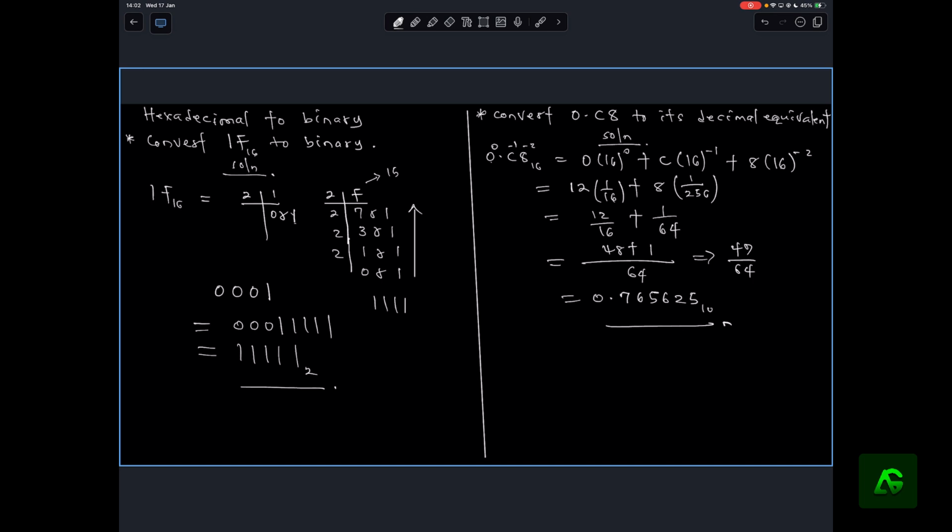So the exercise question, that is the practice question for you, is this. You have to convert 3A5 in base 16 to binary.